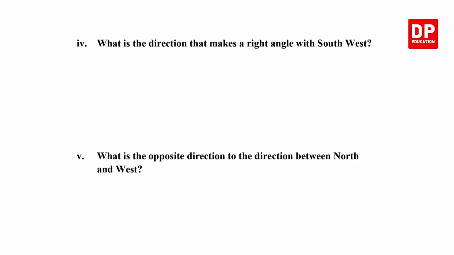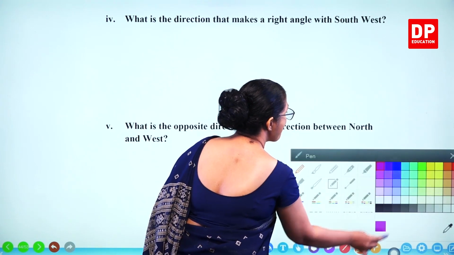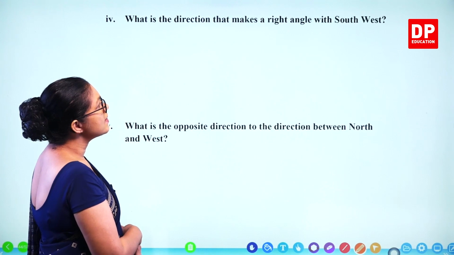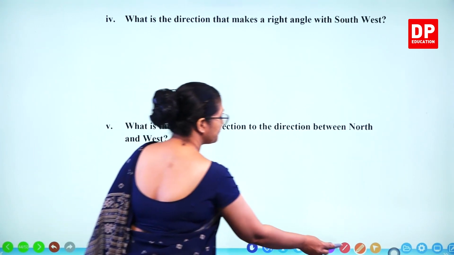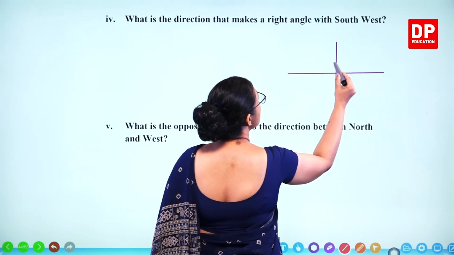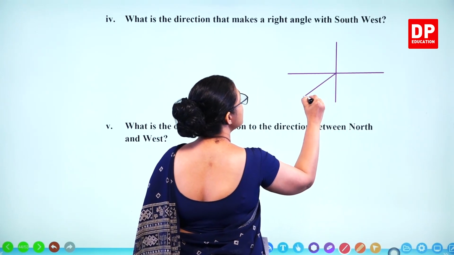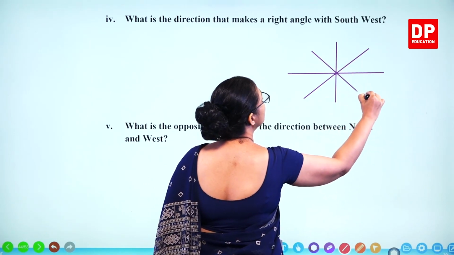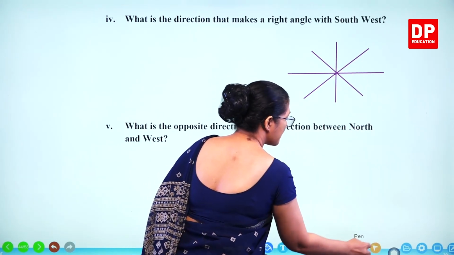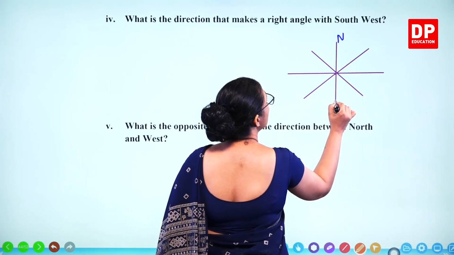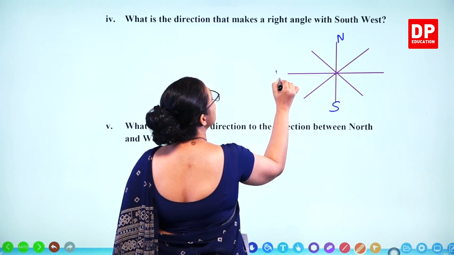So fourth part, what is the direction that makes a right angle with southwest? When you take the directions, this one is southwest. Let's mark it. North, south, west.